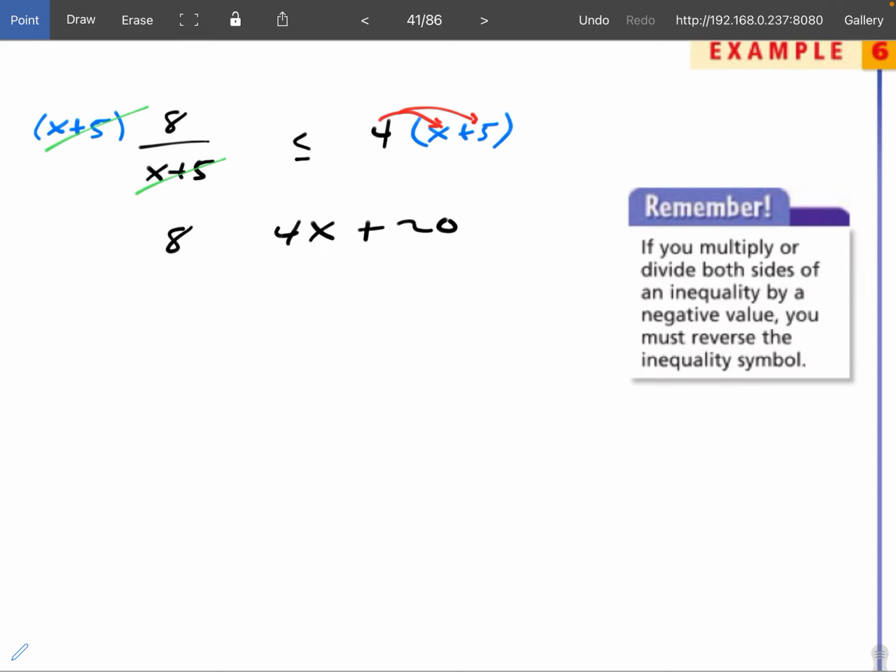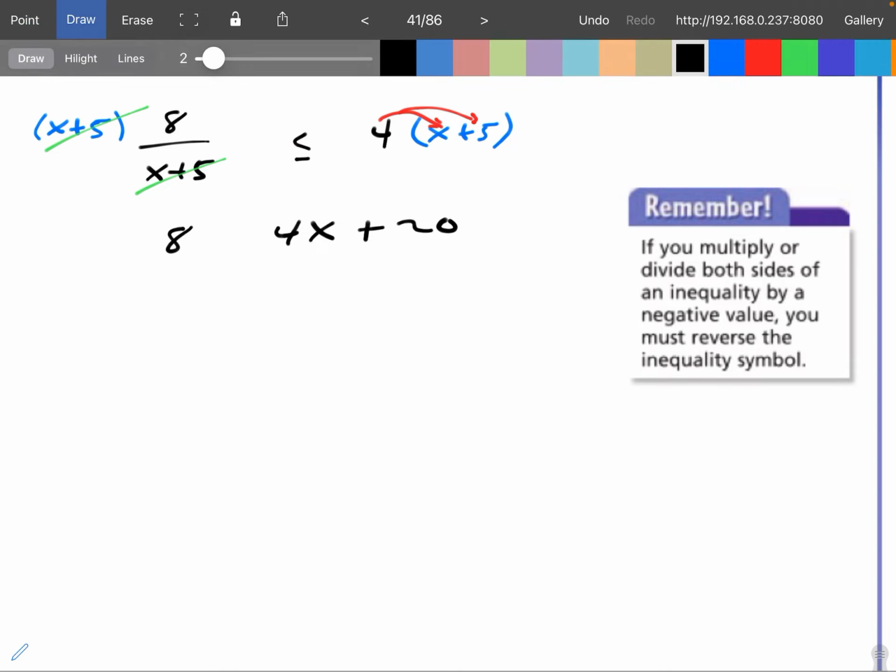So what I want you to do before we finish this is, let's see, where should I fit this on here? Maybe I'll put it over here on the side. I want you to assume that the quantity x plus 5 is positive.